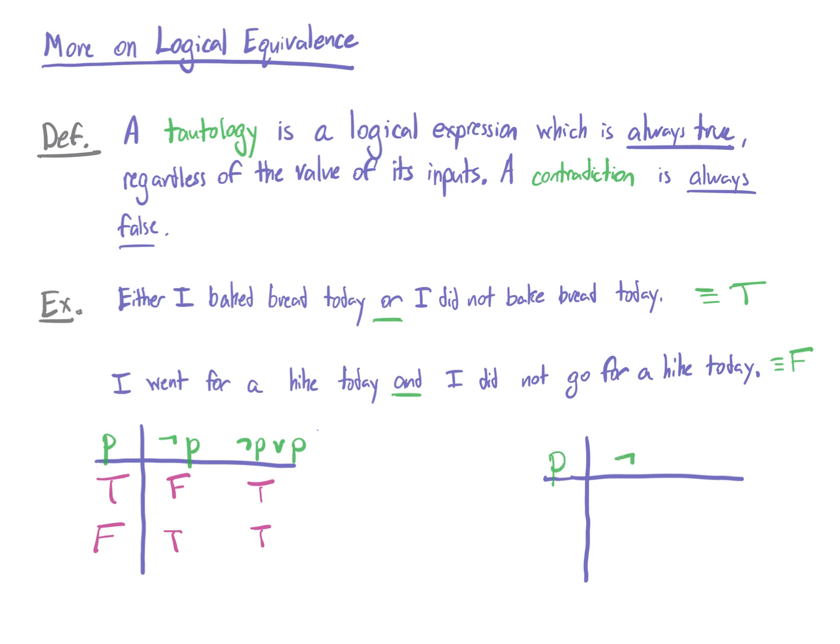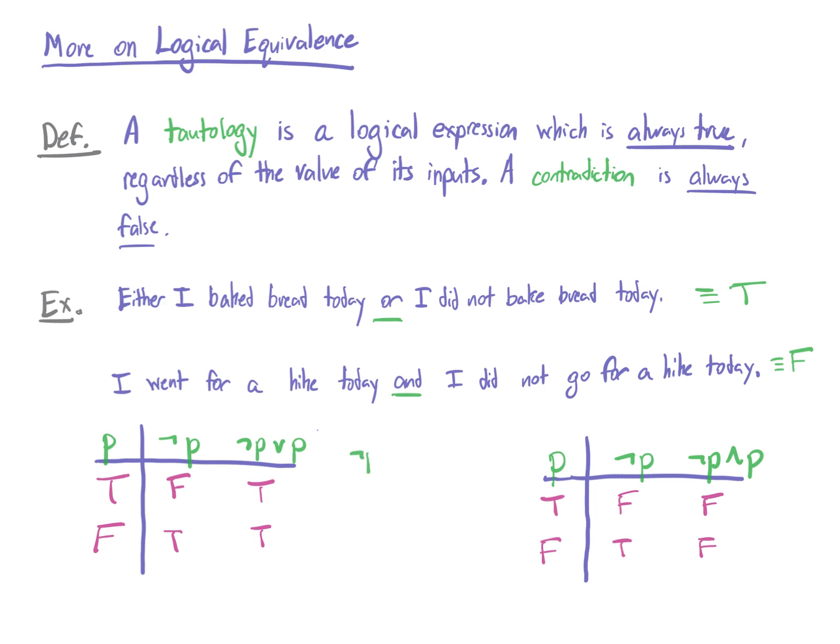In contrast, if I form the truth table corresponding to the second example, not P and P, this time I'm going to have the same first two columns, but now for the and to be true, I need both of my two inputs to be true, and it's not the case that both of them are true in any of the rows, and so this is false in each case. So these two truth tables show two logical equivalences.